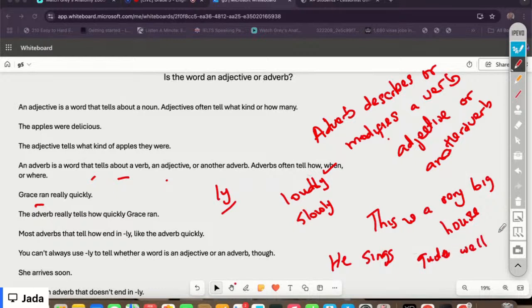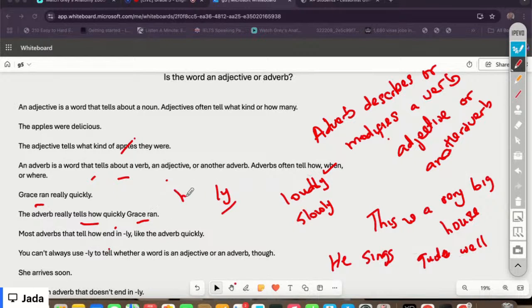All right. So you have to note that we have different adverbs. Okay. So an adverb could modify a verb, it could modify an adjective, or also an adverb. Now, the adverb really tells us how quickly Grace ran because it says that Grace ran really quickly. So now it is telling us how fast she ran. So we have most adverbs that tell how and end in ly.